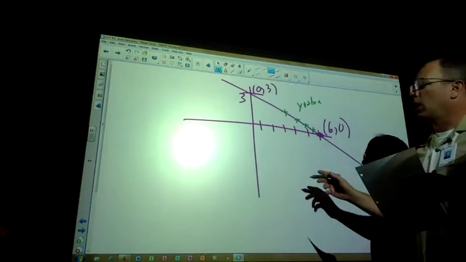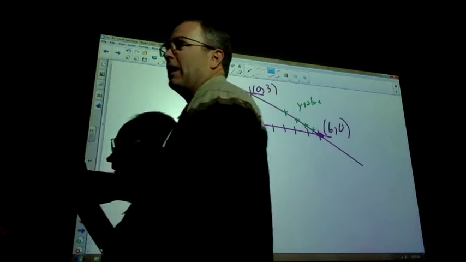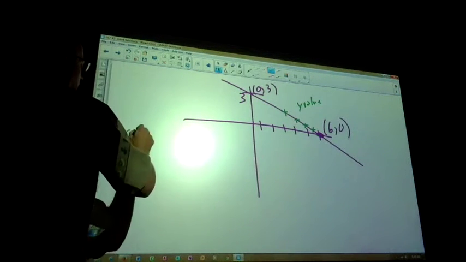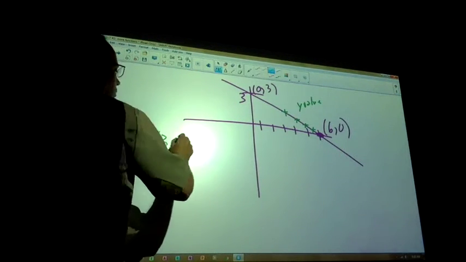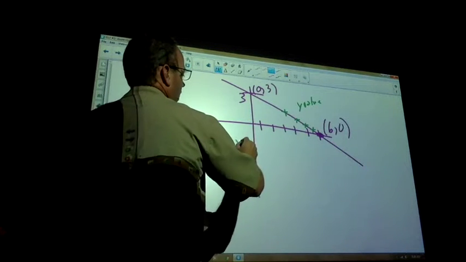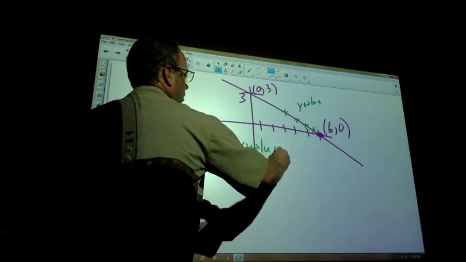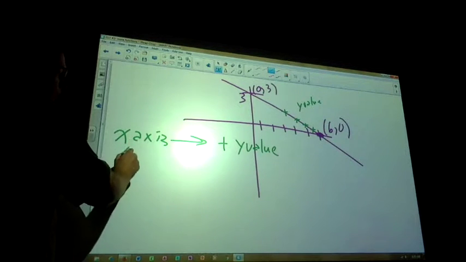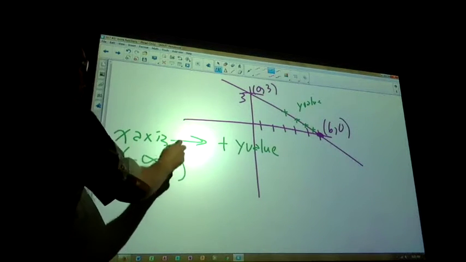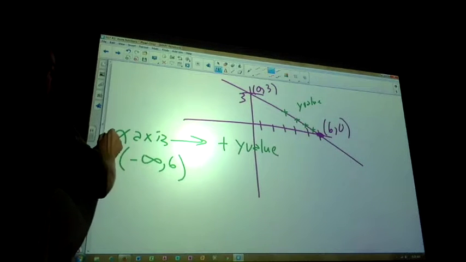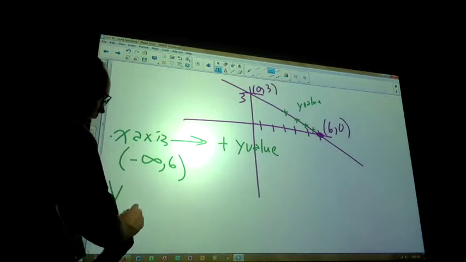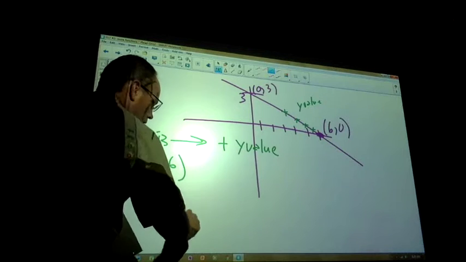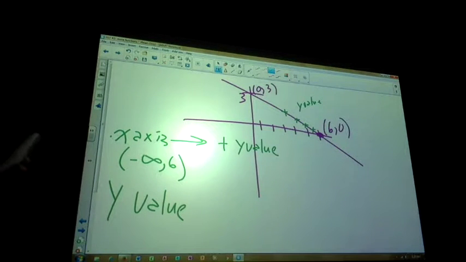Okay? So, as far as the x-axis is concerned, where does it give us a positive y value? From negative infinity to 6 is the positive y value. So how can I write the y value to give me this? Where does it go?